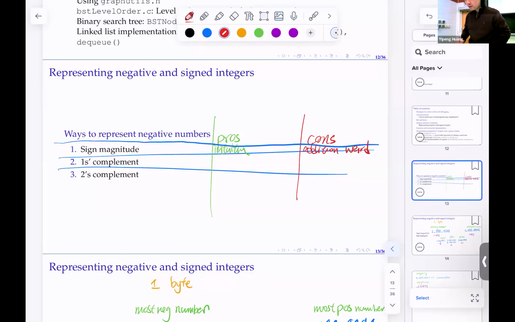So instead of that, we tried the next idea, which was to flip all bits. Maybe that can help us encode negative numbers. And what are pros of that? So it's a little bit less intuitive, right? It's still sort of intuitive.